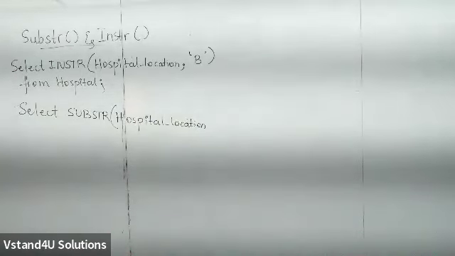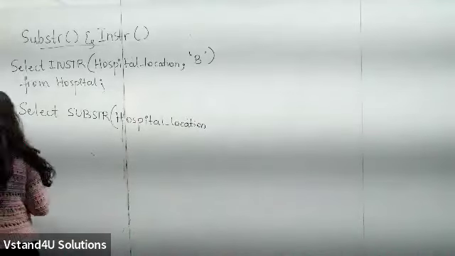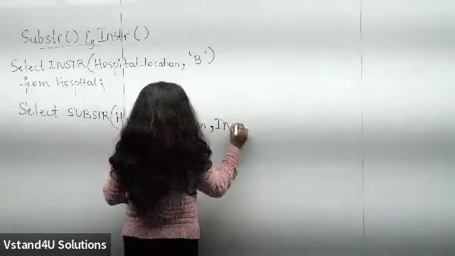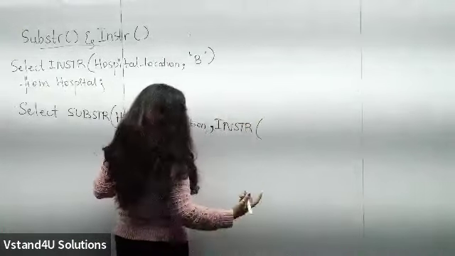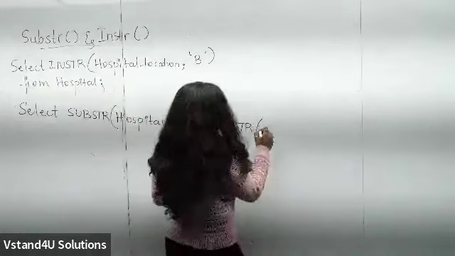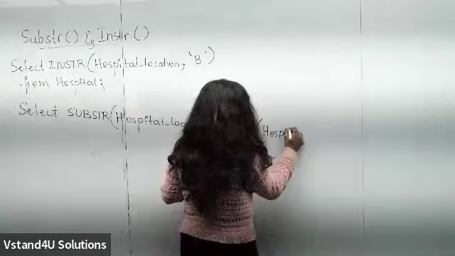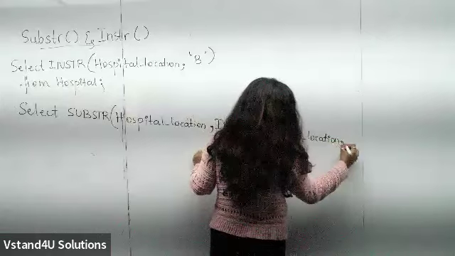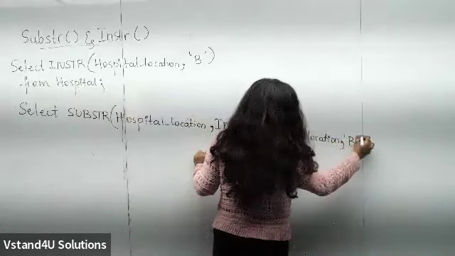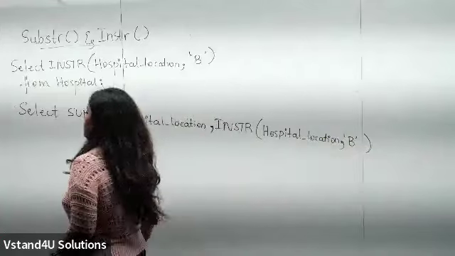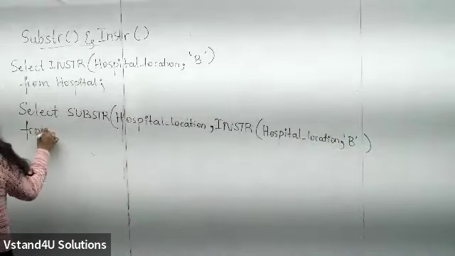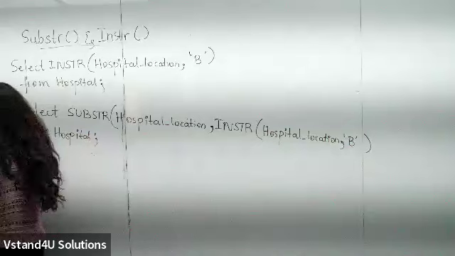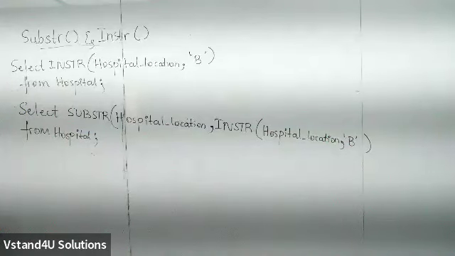You have to get to know the position, so you have to use instring. Comma, instring of hospital location, comma B, from. Correct or no? Clear with this? Yes, everyone.